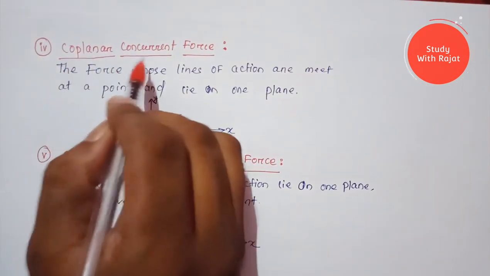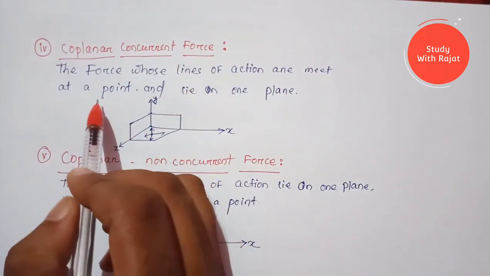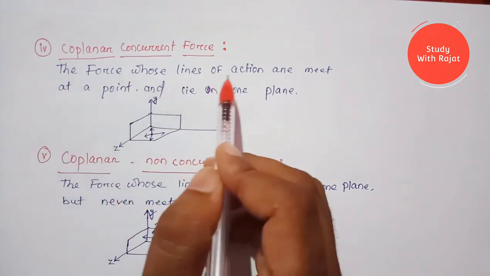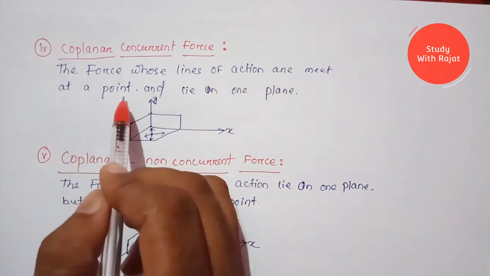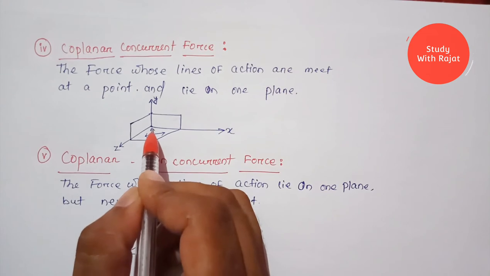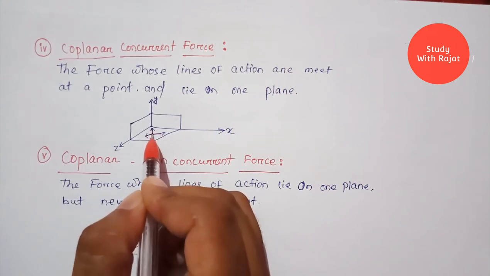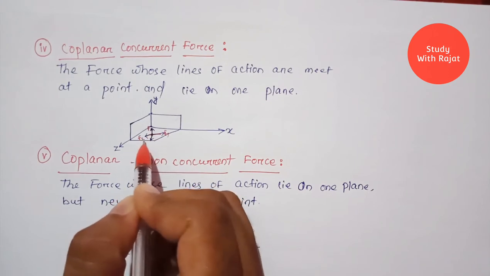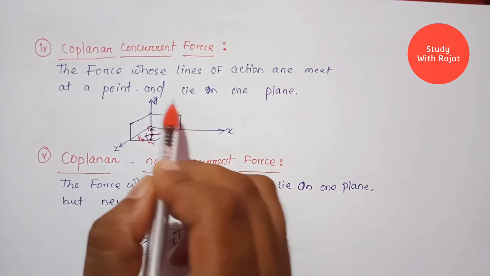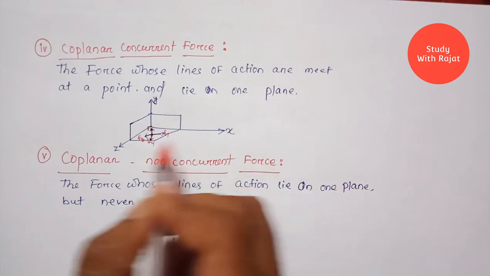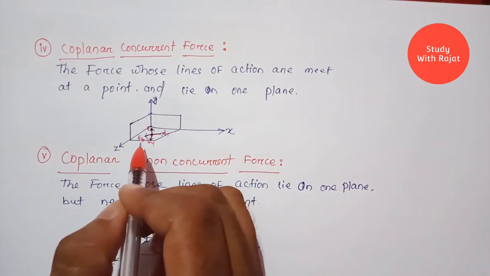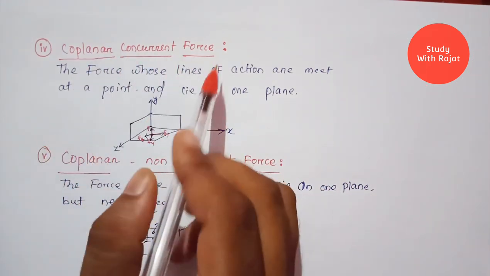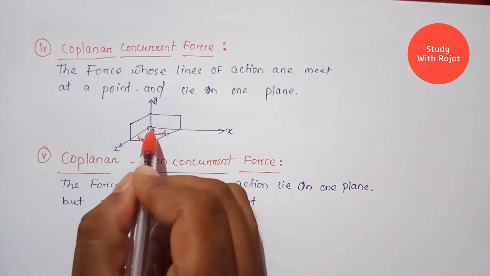Next is the coplanar concurrent forces. Its definition says that these are forces whose lines of action meet at a point and lie on one plane. This is the point where the different forces meet. These are different planes, but for coplanar and concurrent forces, the forces lie in a single plane.